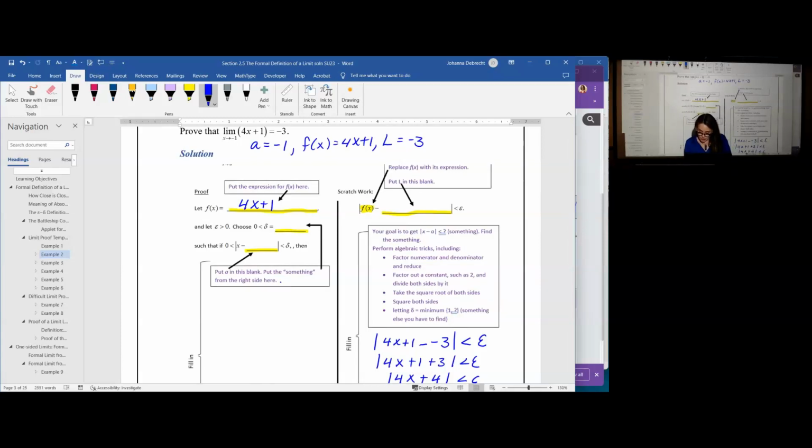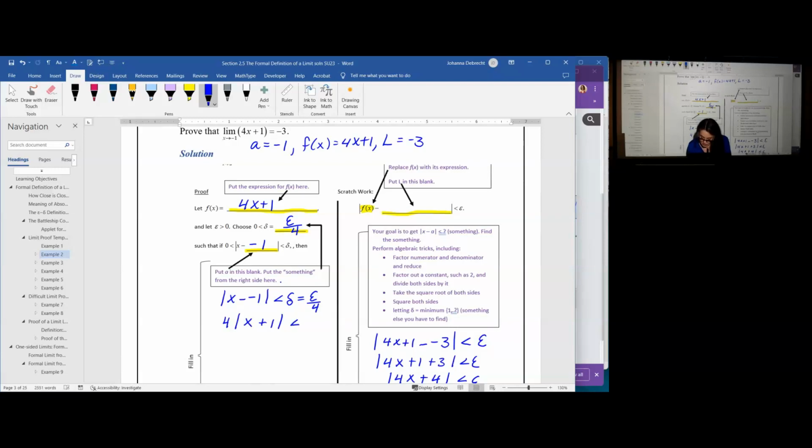Choose 0 less than delta equal to epsilon divided by 4, such that if 0 is less than the absolute value of x minus negative 1 less than delta, then, and now I'm going to write this equation again, x minus negative 1 less than delta, and delta equals epsilon over 4, then I'm going to multiply both sides by 4, which does not reverse the sense of the inequality.